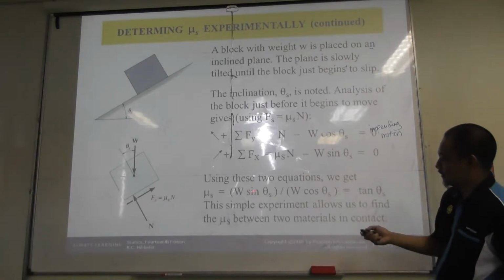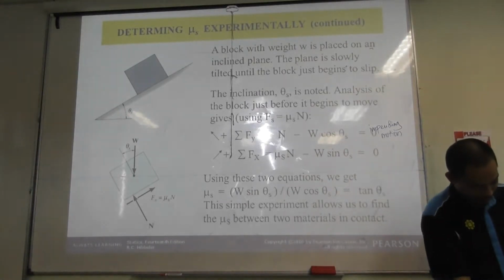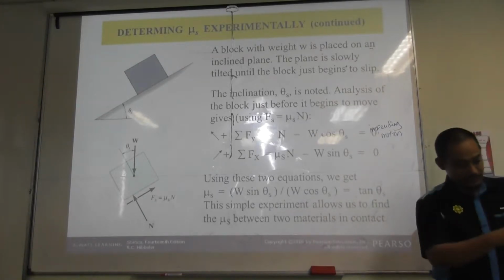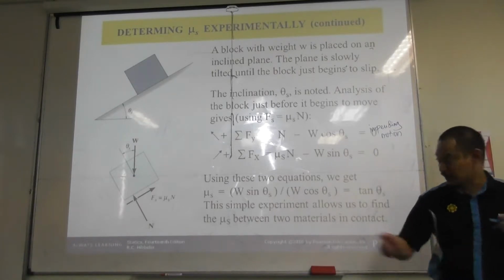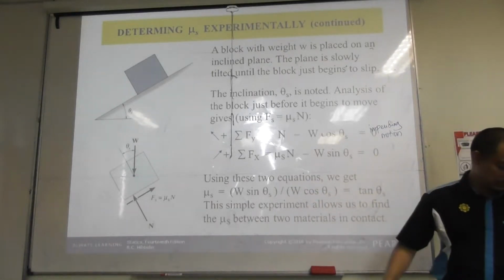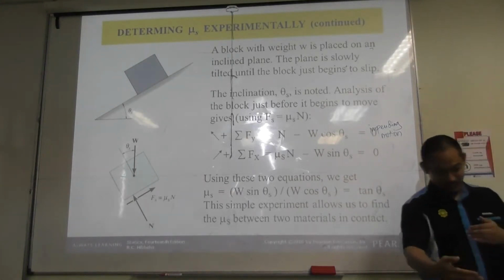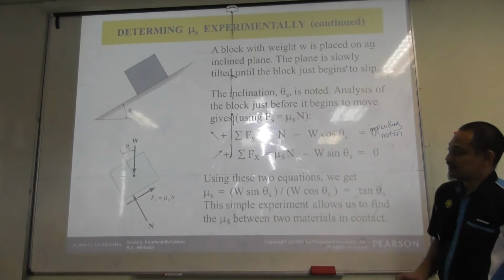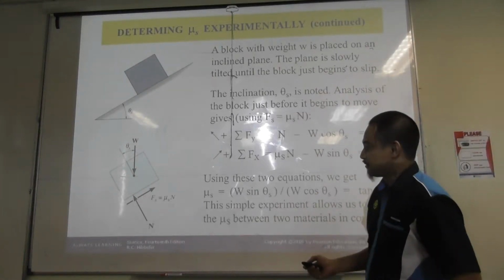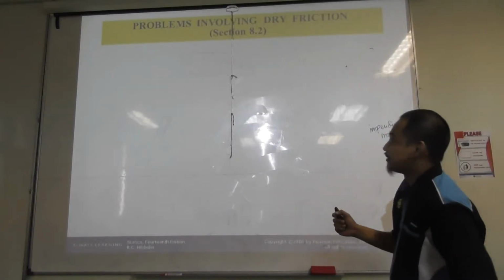So when you get theta, you can calculate μS. So basically, what you do is, if you have an object on a surface, you increase the theta until the point where it starts to slip. You take note of the theta, you calculate, you get μS. So that is something that a minority of you might be interested in.